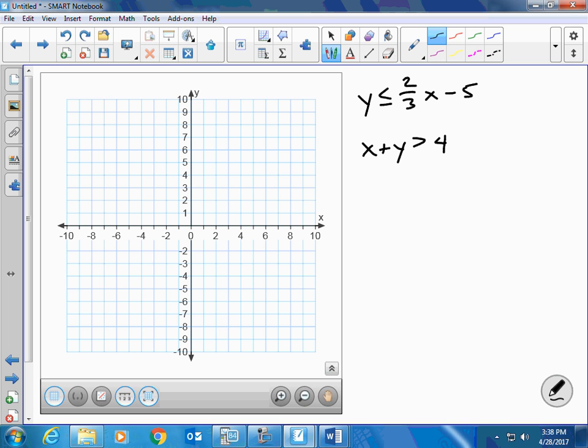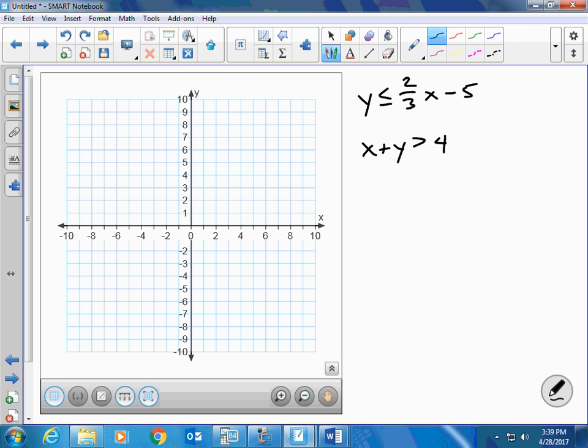In a system of equations, you're looking for one solution, no solution, or an infinite number of solutions. In this case, though, we're looking for a shaded region that represents all possible solutions, and there'll be more than one xy coordinate that makes these inequalities true.